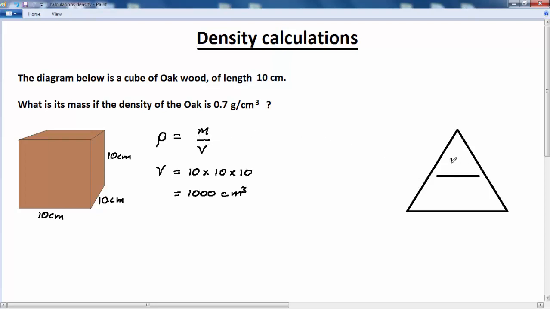So we have the mass divided by the volume, and the other term here, in this case the density, slots in like that. So in this case we look to see what are we trying to find. Well, we're trying to find the mass, so in the calculation triangle we will cover up the mass. You cover up the term that you're trying to find, and that gives you density multiplied by the volume.